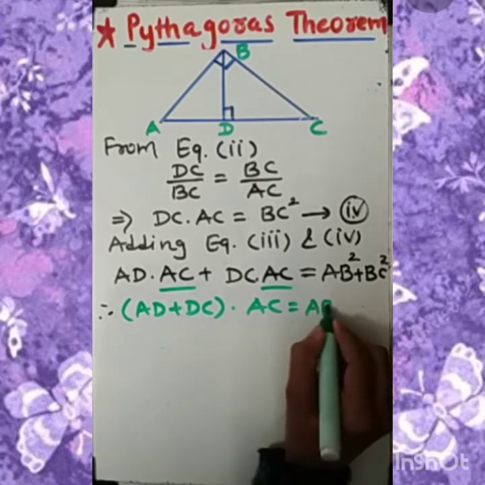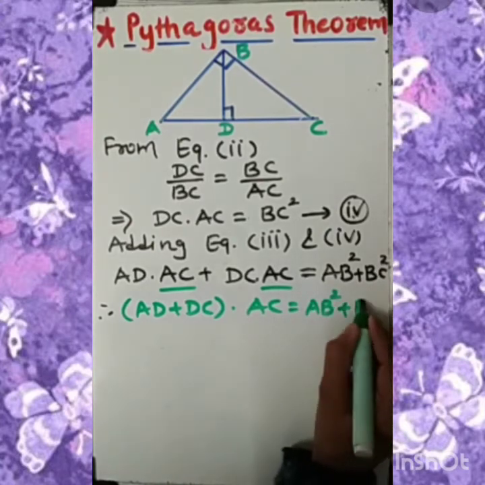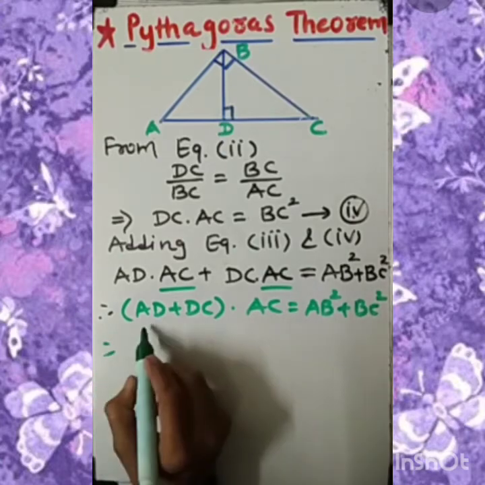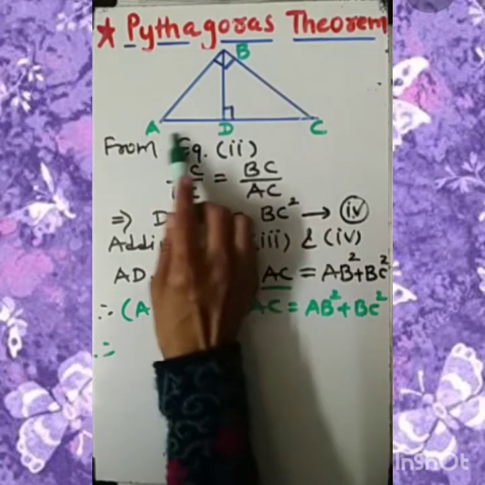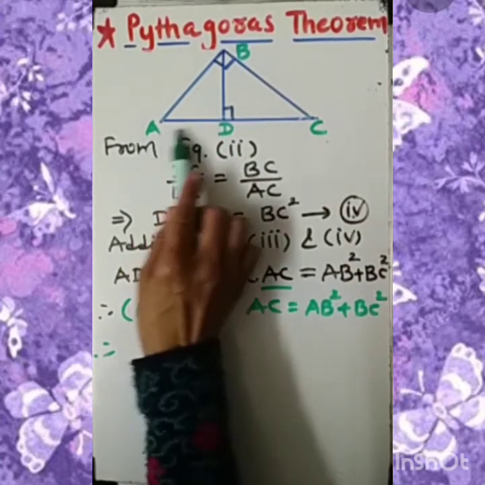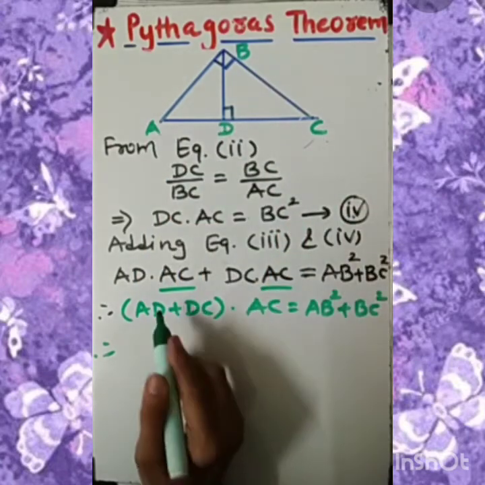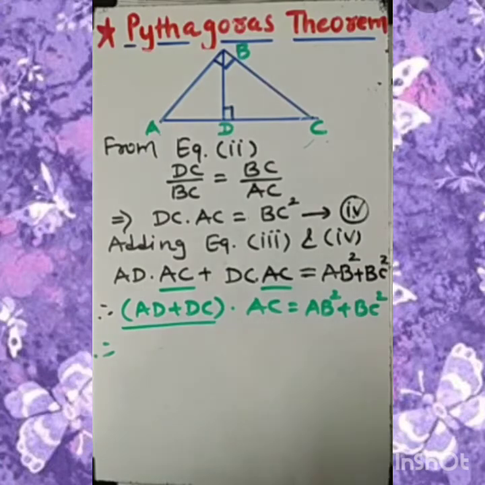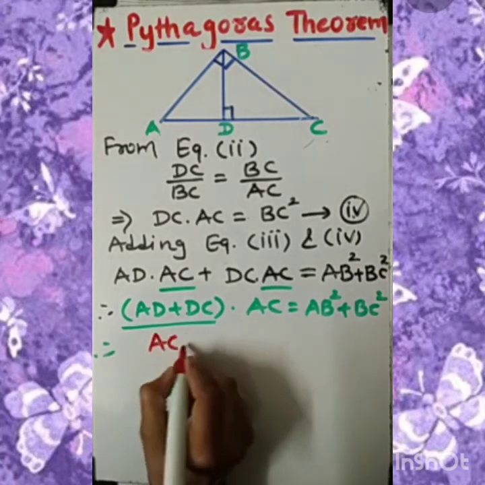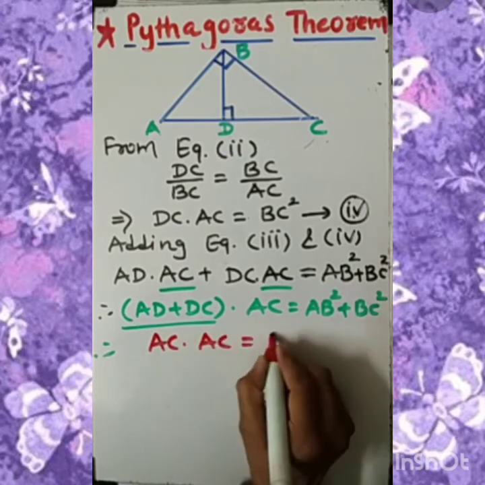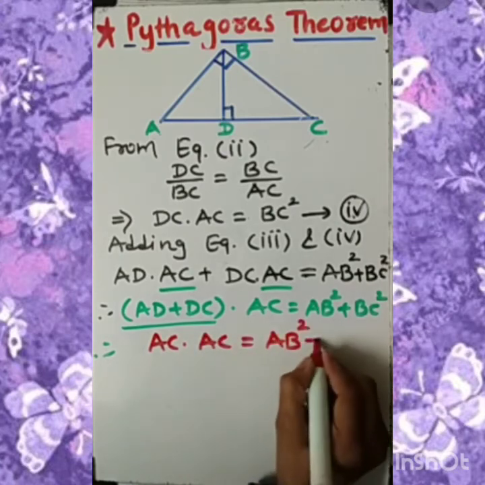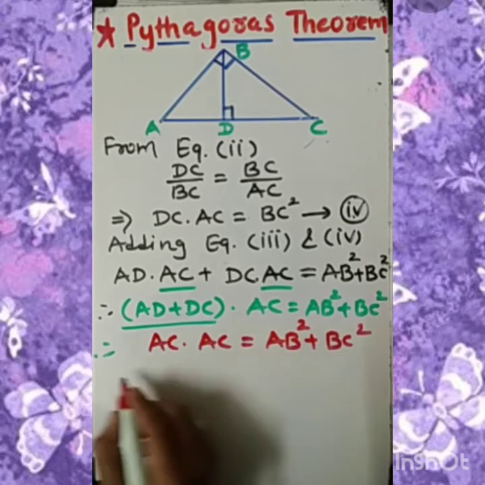Here it will be AB square plus BC square. But we know AD plus DC is combinedly AC. So in place of this, I need to write AC. So here it will be AC into AC equal to AB square plus BC square.